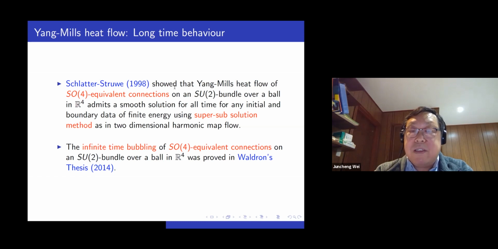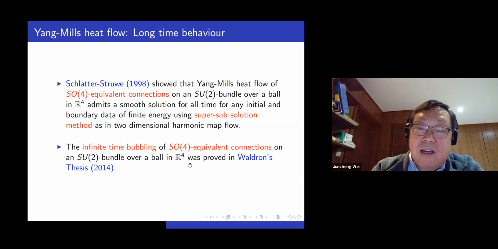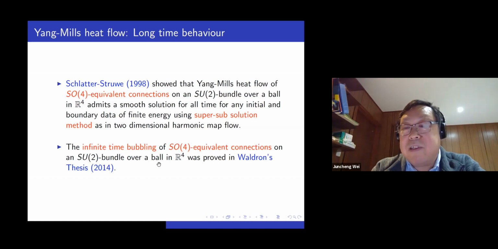But for Yang-Mills, the solution will not blow up in finite time, and they exist for infinite time. And Waldron, in his PhD thesis in 2014, showed that this solution constructed by Shinata and Wei has infinite time blow-up, at infinity. So this is the first infinite time blow-up for the Yang-Mills heat flow.